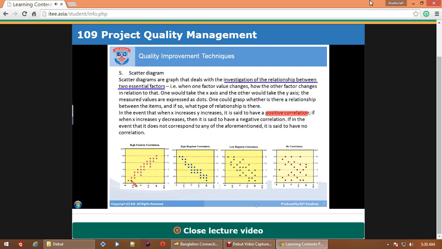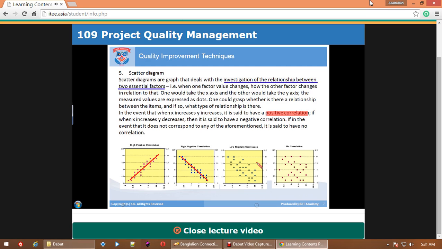That means the graph looks like this kind of line, or most of the plotted values fall near this line. So this kind of relation is called high positive correlation. On the other hand, if x increases, then y decreases. This is called the negative correlation between the two factors. In this case, most of the values fall near this line.